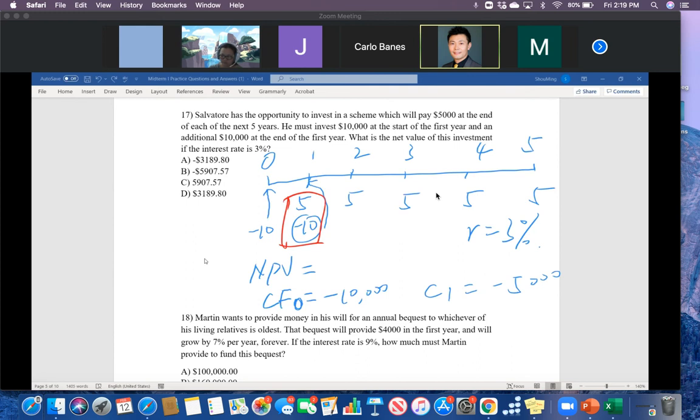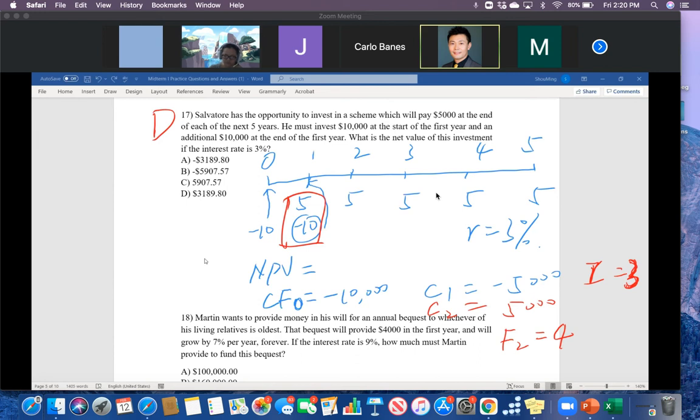C2 would equal positive 5,000, and we know this 5,000 happened 4 times. So I put F2 equal to 4. So I finish all my cash flow input, given the interest rate equal to 3, right? Then I can easily calculate my net present value. The correct answer is D.